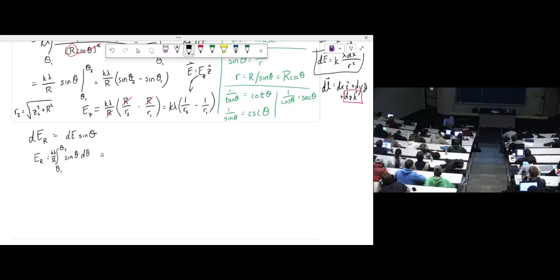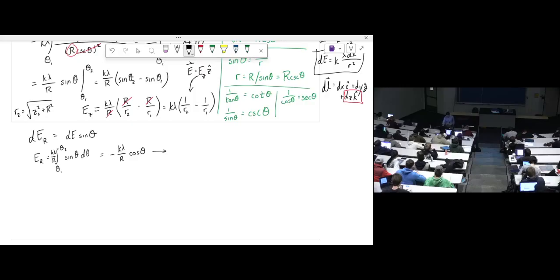You can go through and convince yourself that's true as a good exercise. But the integral of sine theta is negative cosine theta. So this would be minus k lambda over r times the cosine of theta.